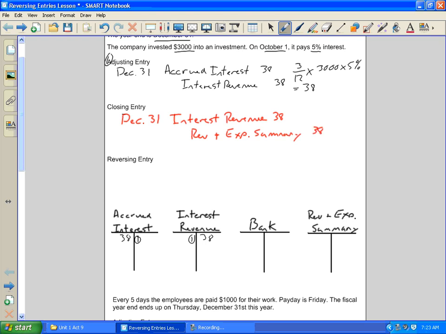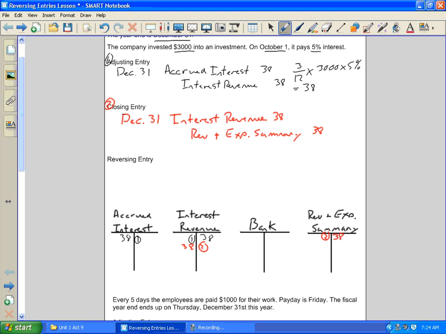All right, and again, I'm going to reproduce that down below here. So what we're doing is we're debiting the interest revenue for 38 bucks, and this is entry number 2, just so we can keep things clear. And I'm going to make that a credit over here to revenue and expense summary, because that's what we would do at the end of the year on our closing entries.